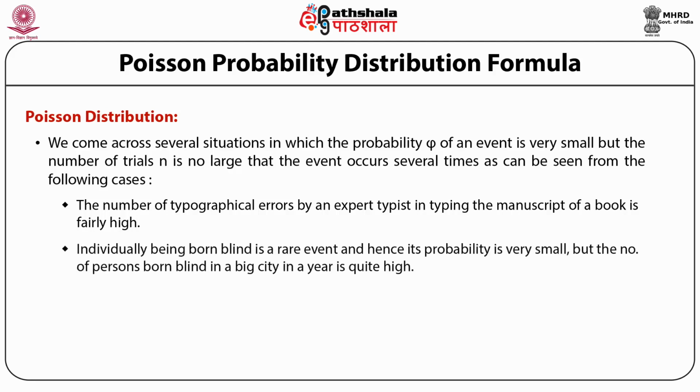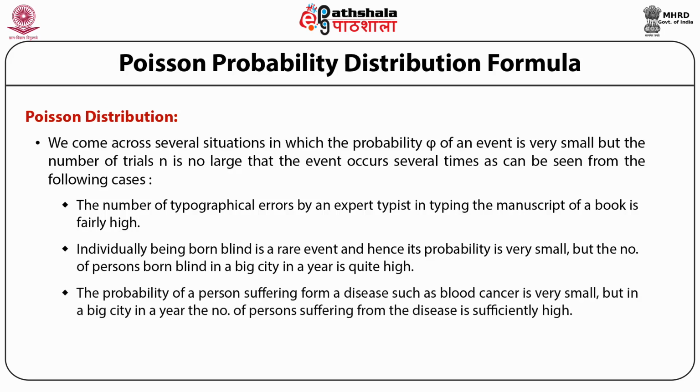An individual being born blind is a rare event and hence its probability is very small, but the number of persons born blind in a big city in a year is quite high. The probability of a person suffering from a disease such as blood cancer is very small, but in a big city in a year the number of persons suffering from the disease is sufficiently high.